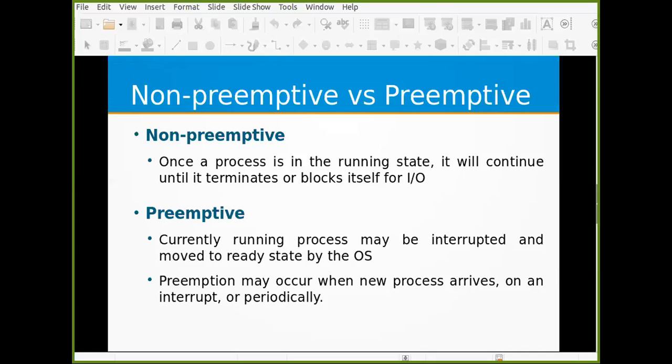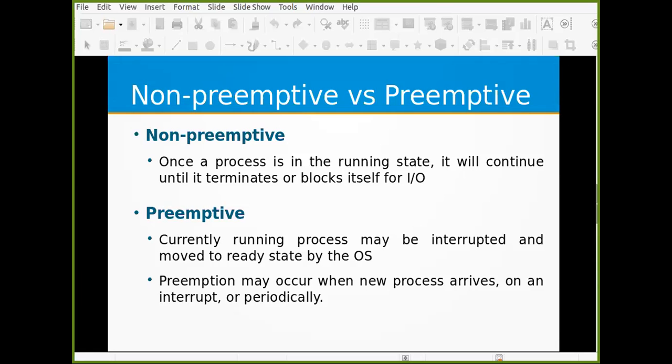Or some interrupt occurs, or periodically, like you have decided that every process will get some amount of time on the processor, and then it will be removed from the running state and put back in the ready state, though it is still capable of running. Round robin is one such strategy where every process is assigned some amount of time.